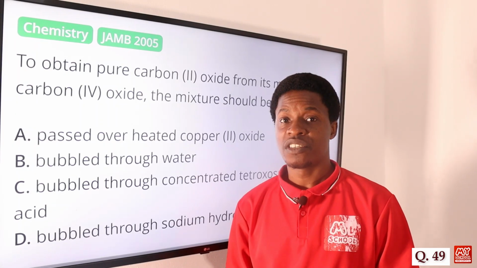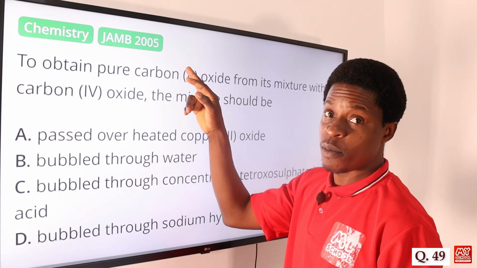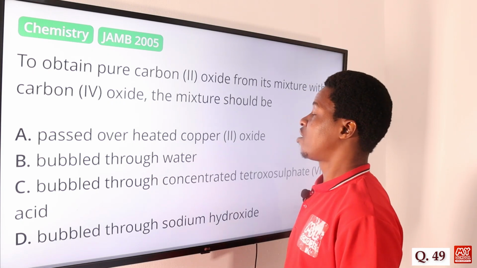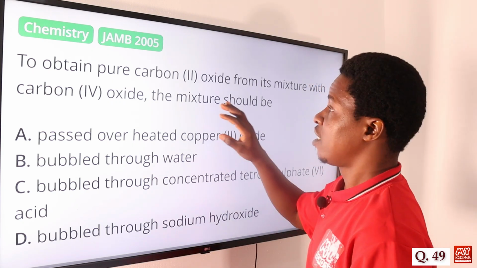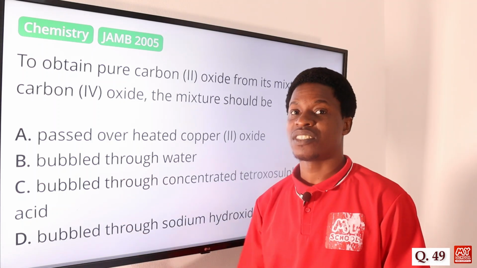Now we move on to question number 49. To obtain pure carbon 2 oxide, that's carbon monoxide, from its mixture with carbon 4 oxide, first you must pass the mixture through red hot carbon.